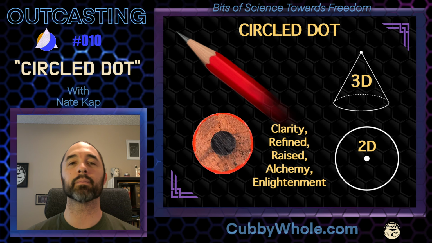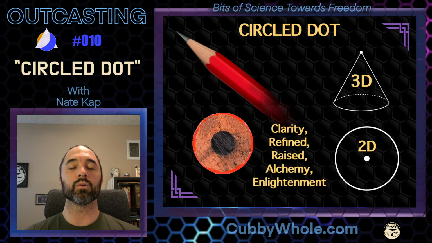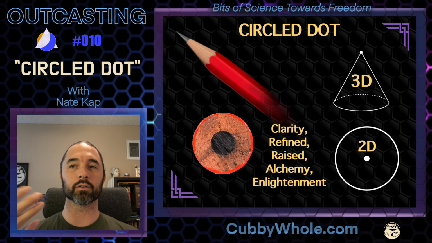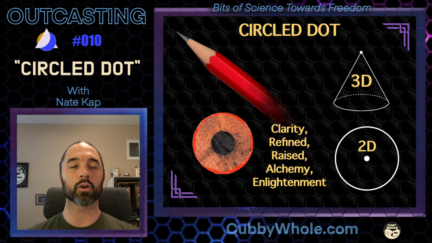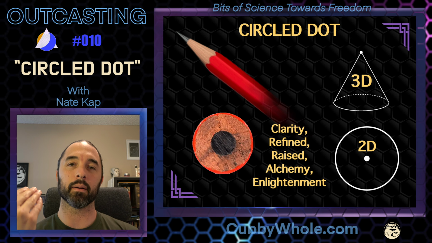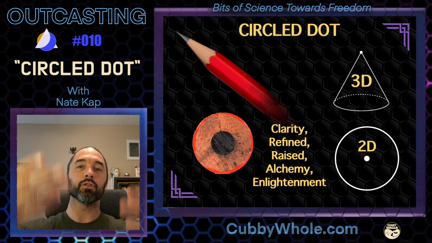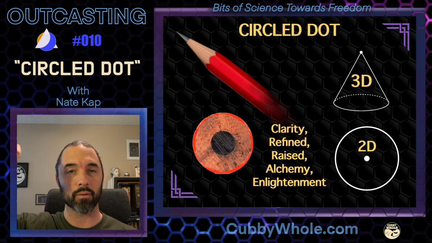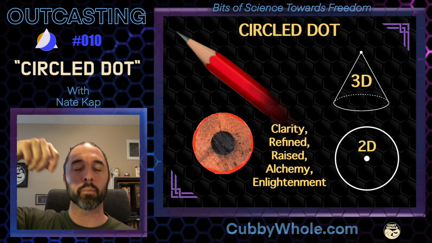So it's an alchemical process. When you go from the dullness of the unsharpened pencil to the sharpened pencil, you are going to enlightenment. You're going to clarity. You're able to draw clearer, right? Because you can't draw with a dull pencil.